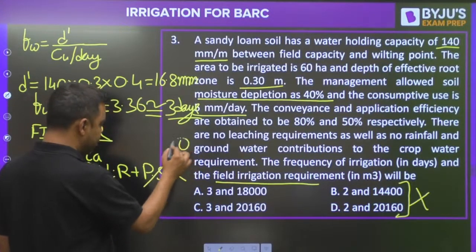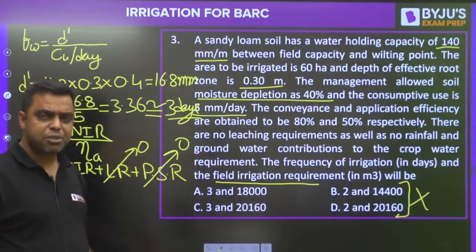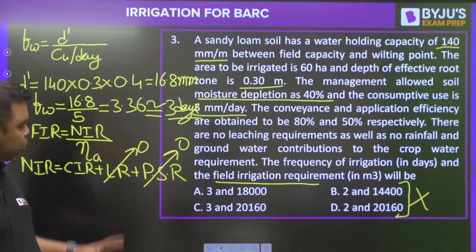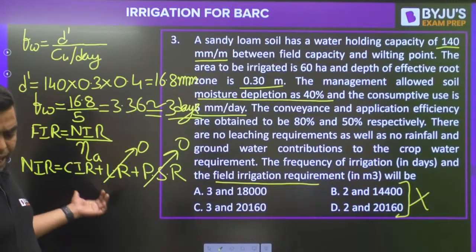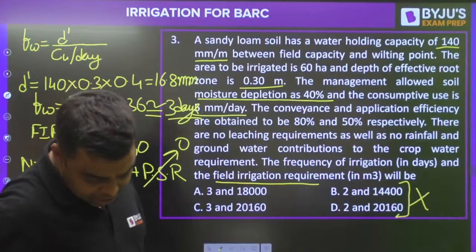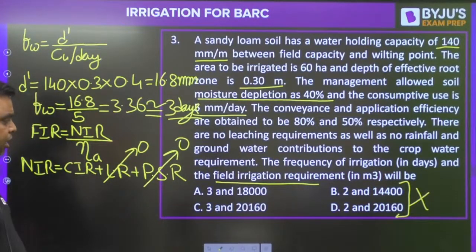Now these will be 0, as nothing is mentioned about both of them in the question. Now NIR will be equal to CIR. Okay, you guys have started giving the answer C. Okay, fine, let's check.